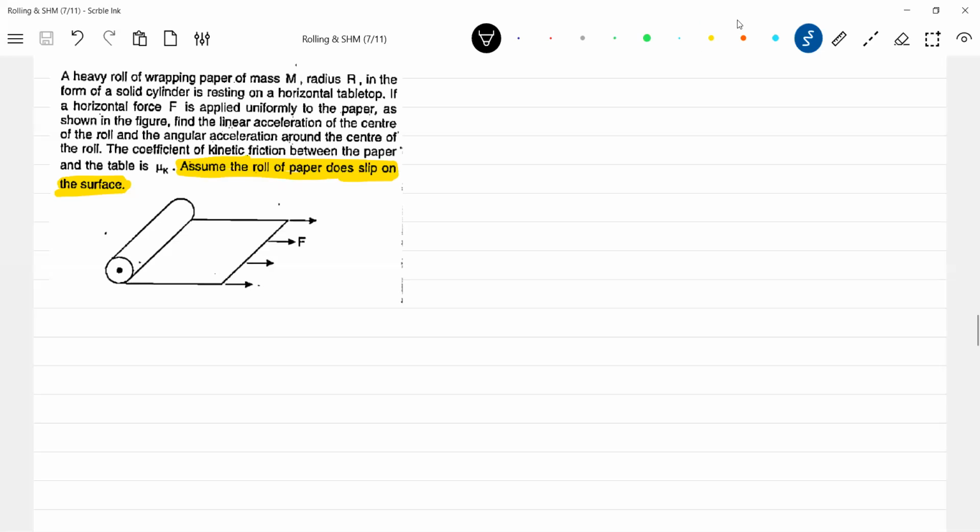You can convert everything into a plane diagram. It's just asking for linear and angular acceleration. I think only those two things are being asked. Okay, let me start with this one. So I'll go for the plane diagram.